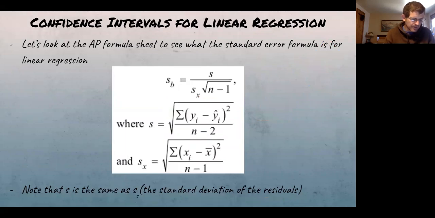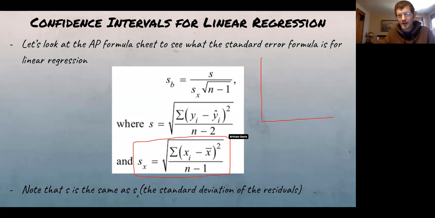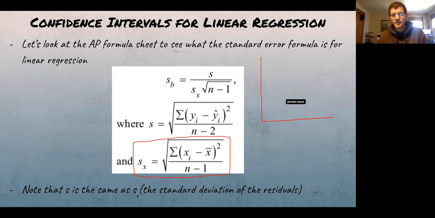Now, another thing that can happen right here is this S sub x. This is the sample standard deviation for your x values. So what this is really just saying is how spread out is your x data. That's not a good way of saying it, but let's just look at it this way. Here's my scatter plot. It's got a pretty good linear trend, but it's not very spread out.